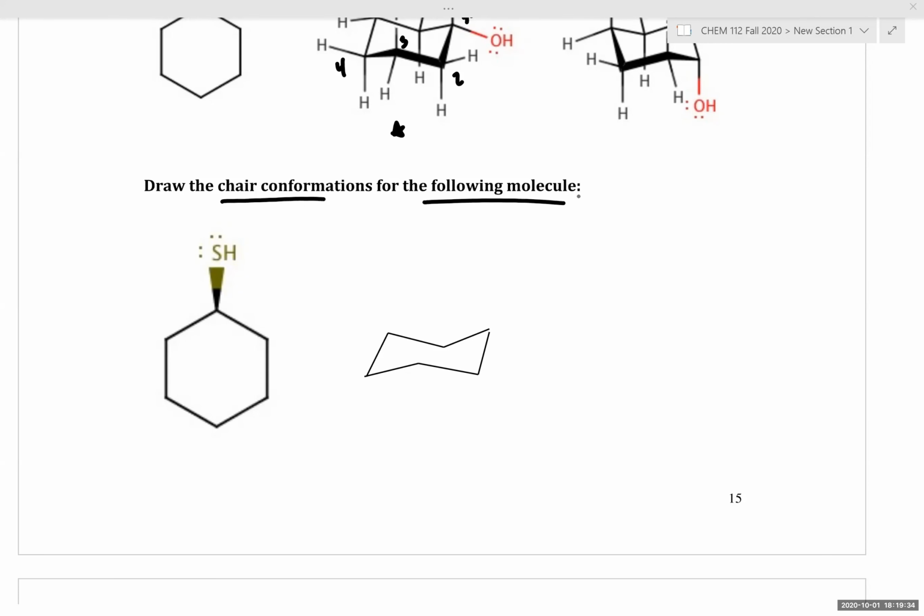It doesn't matter where you put that thiol group, as long as you're respecting its stereochemistry. I find it's easiest to put it on carbon 1, yep. And so it's a wedge, so where's that thiol gonna be?